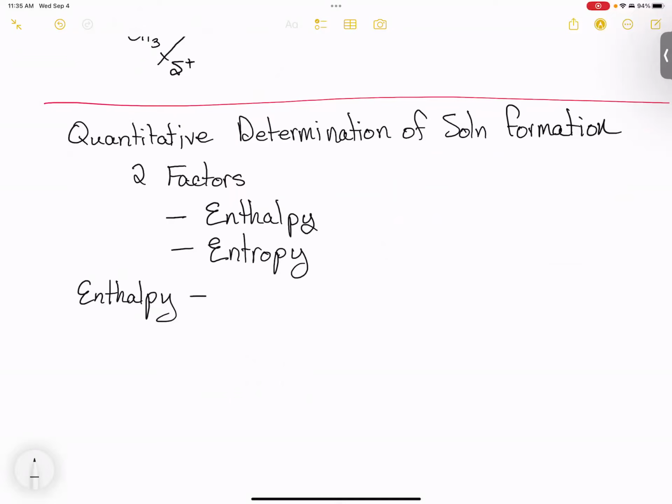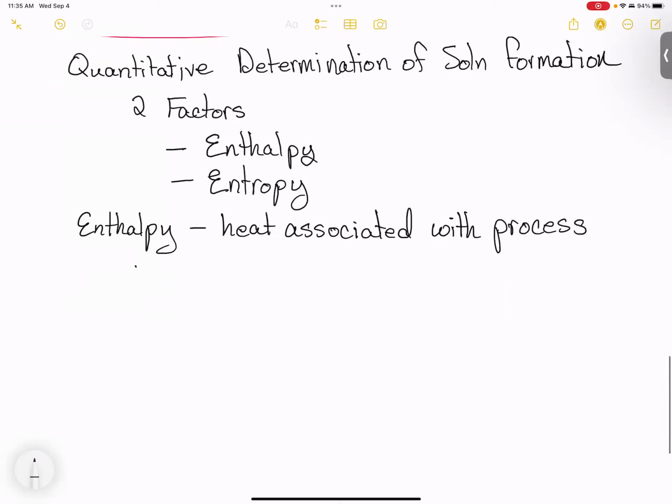If you'll recall, the enthalpy is the heat of reaction or the heat associated with the process. Enthalpy is represented by a delta H. If you have a positive delta H, it means that heat is added.